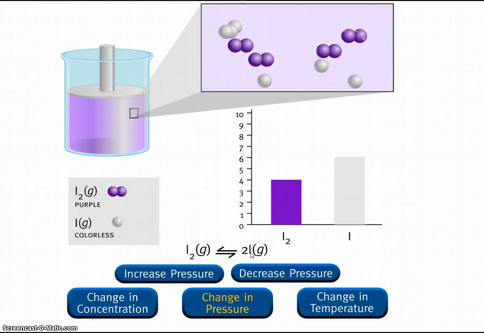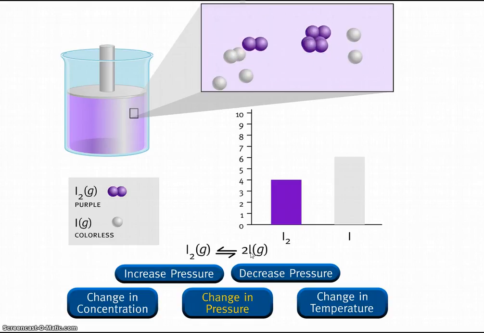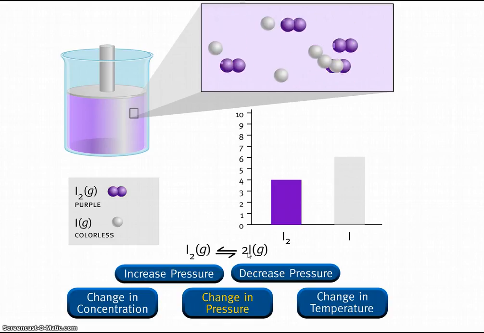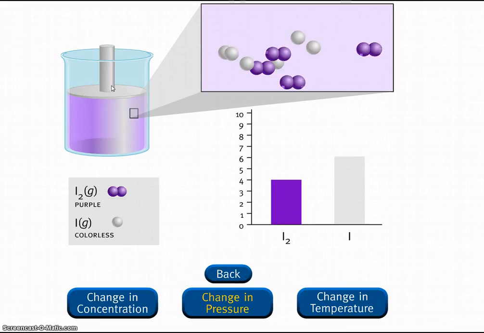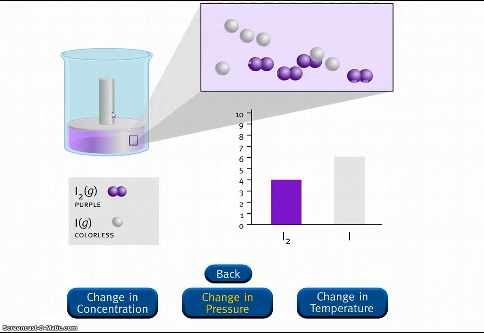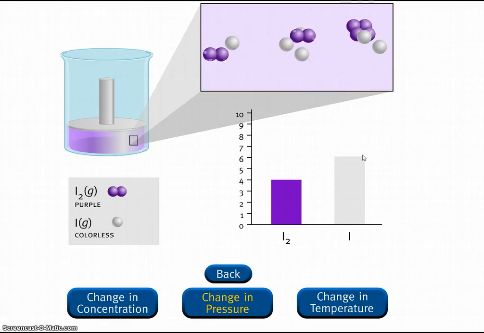Now we know, because of the notes we just took, that when we're looking at pressure, we have to look at the number of moles. So if we increase the pressure by, let's say, we're going to move the volume so that the volume is smaller, we're going to see that the system is going to shift.